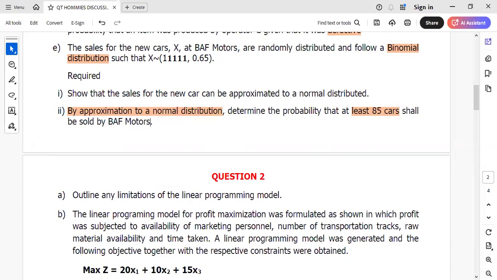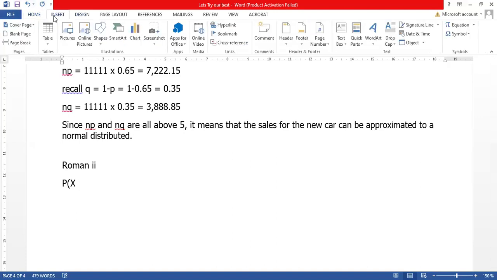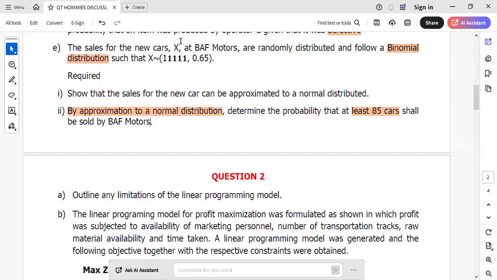So you will say Roman 2, here you need the probability of X, at least, you use greater, is greater than 85. It's 85, okay? So how do you get that probability using normal distribution?